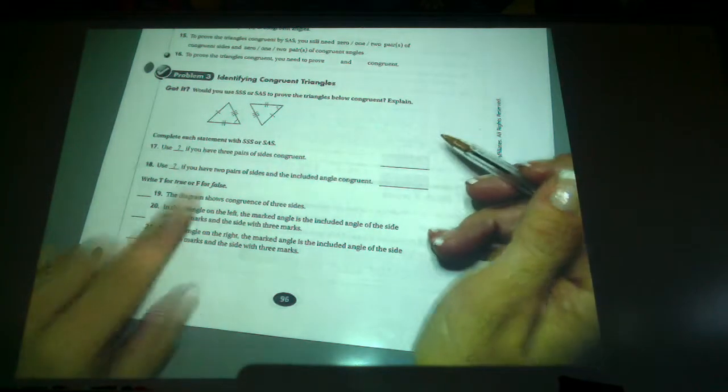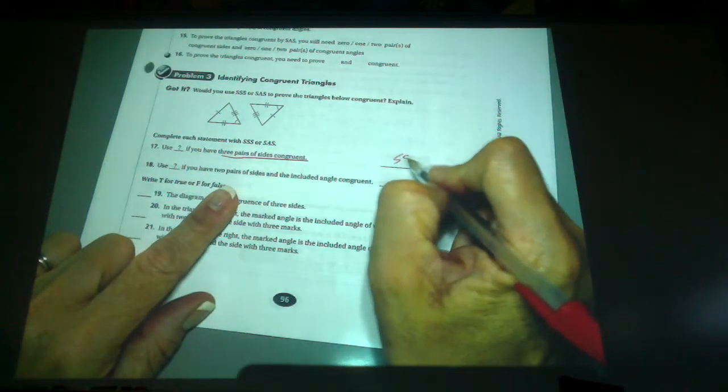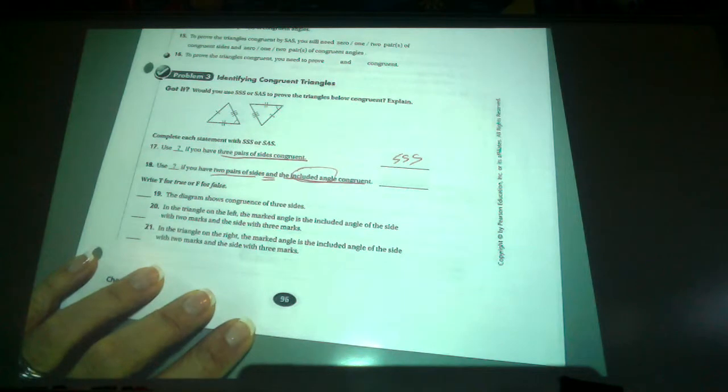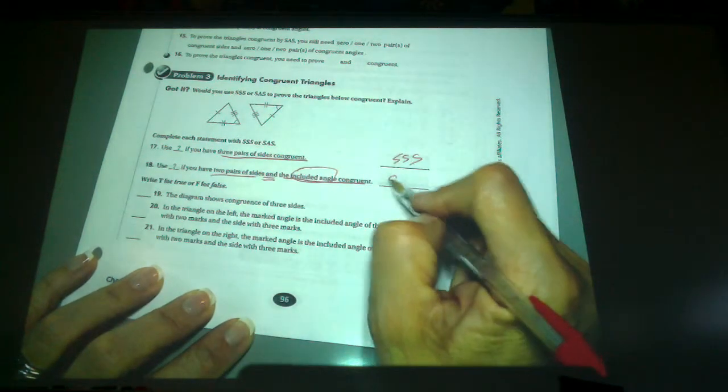Use blank if you have 3 pairs of sides congruent. 3 pairs of sides congruent, what would we use? SSS. Use blank if you have 2 pairs of sides and the included angle, emphasis on included angle, congruent. That's your SAS, right?